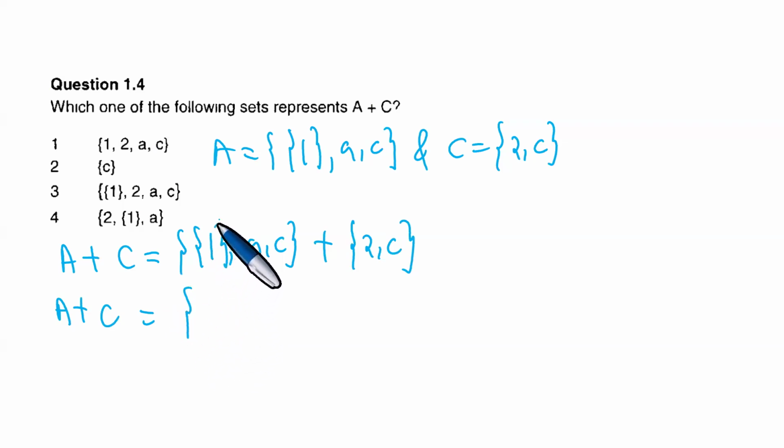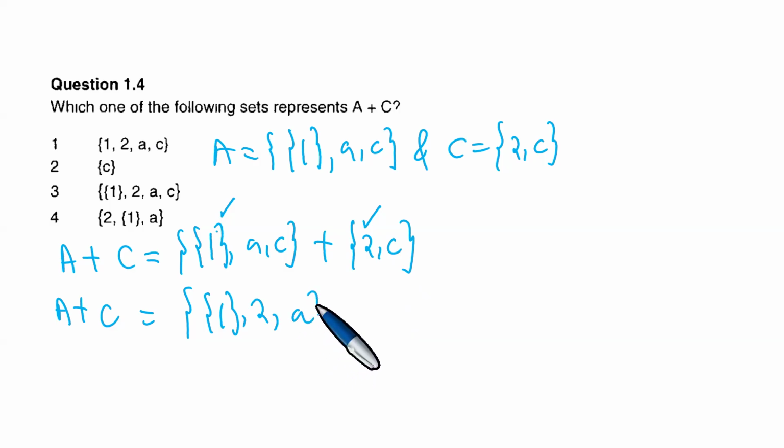We're going to select the element which is the singleton set, and we shall have as well, for example, the element 2. We've selected the first here. We select also the first there. And we select also the element A.